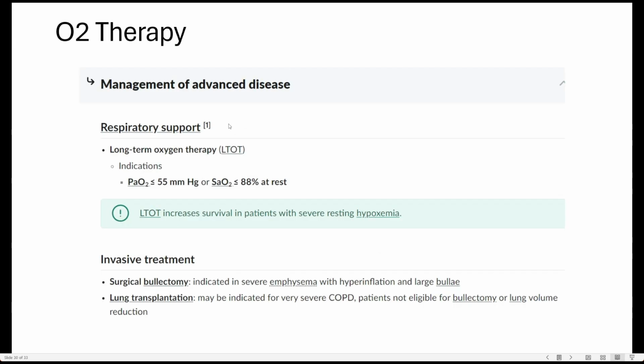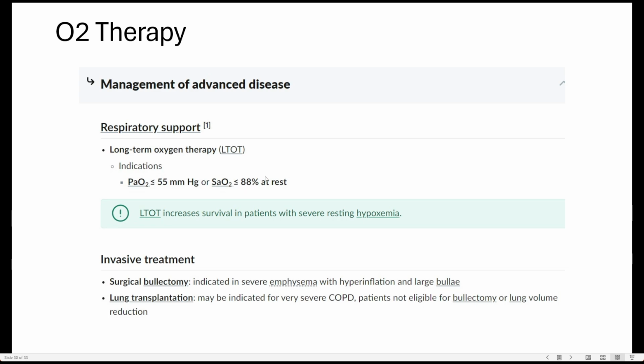Now, of course, we come to the last part of the video, which is oxygen therapy. Now, oxygen therapy, which is the last part of COPD, when given to the patient via a venturi mask, is given under specific criteria. The partial pressure of oxygen has to be less than 55 millimeters of mercury for the patient to be receiving oxygen therapy, or the oxygen saturation has to be less than 88% at rest.